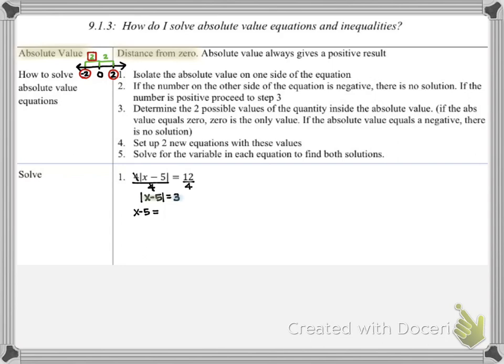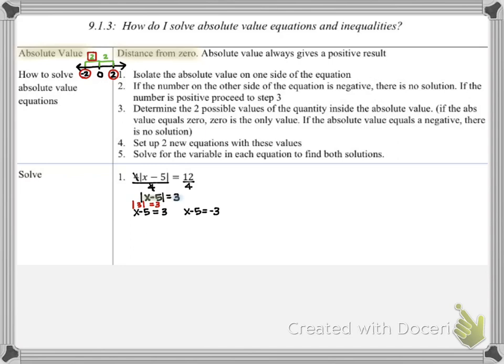Well, the first one we would think about is, maybe you're at positive 3. That's possible. But maybe the stuff inside could be equal to negative 3. Now, one of the things I've done in the past, and this might help you too, is a little preliminary step. I know that the absolute value of positive 3 is equal to 3.